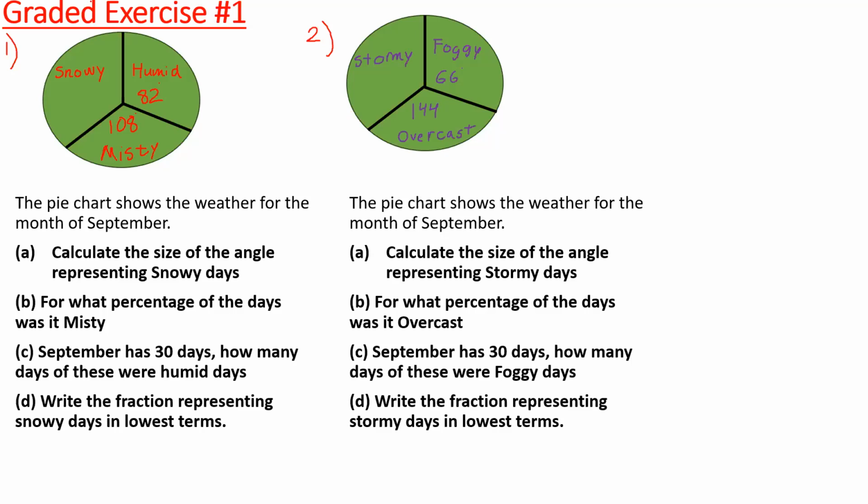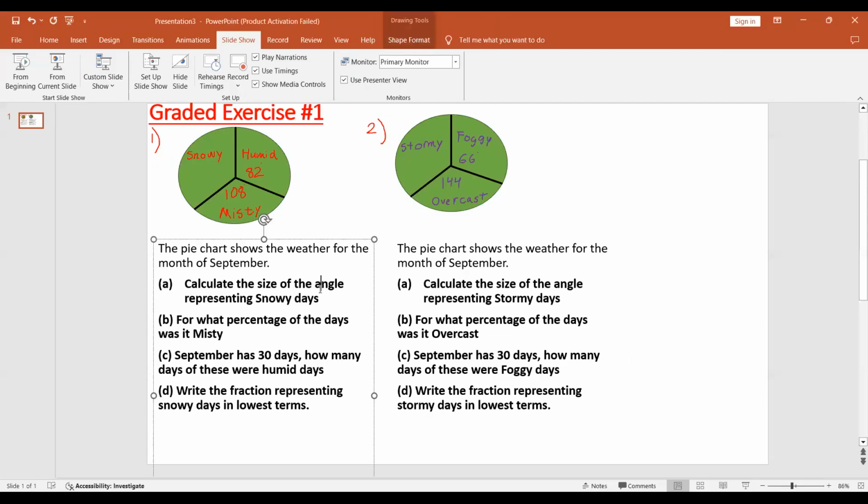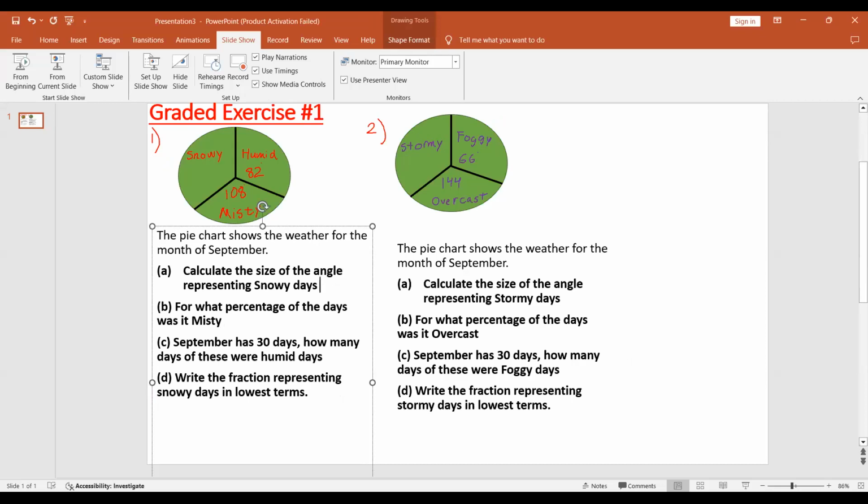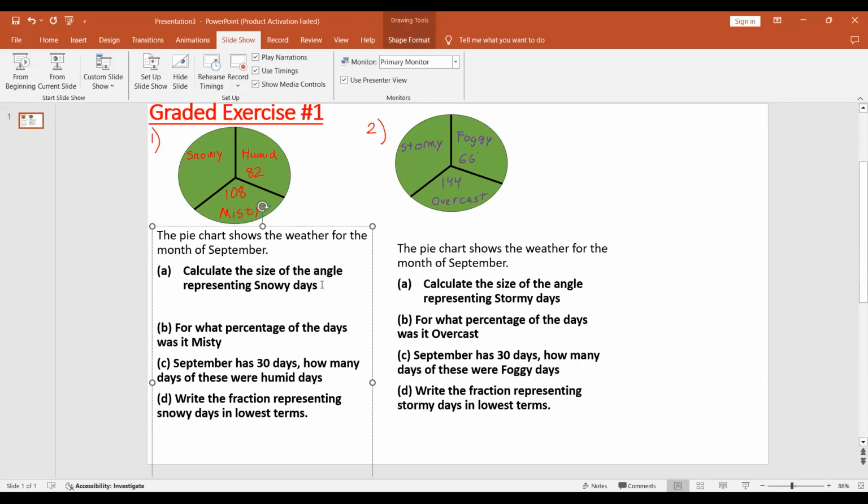All right, so the first question. Samantha, what do you have for A? It says calculate the size of the angle representing snowy days. What did you get for that one? Well, I had 108 plus 82 was 190. 360 subtract 190 is 170.